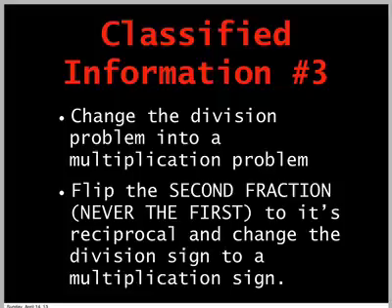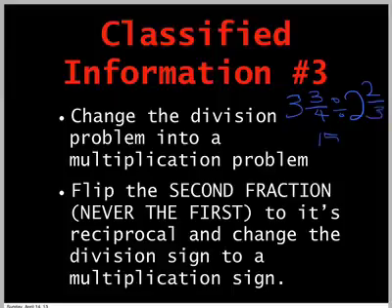So for example, the problem that we just set up was, let's see, it was 3 3/4, I believe, divided by 2 2/3, right? And we ended up with 15 over 4 divided by 8 over 3. Okay, so our second step now is to flip the second fraction, never ever the first.